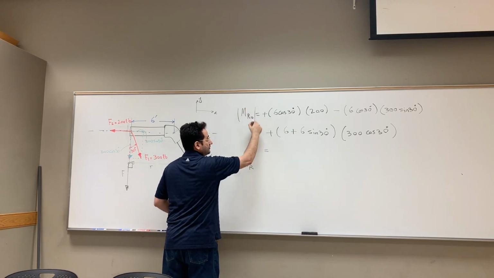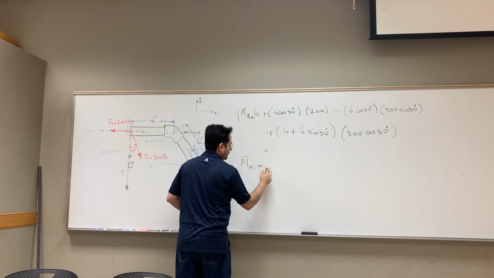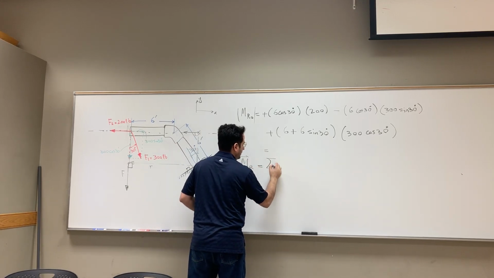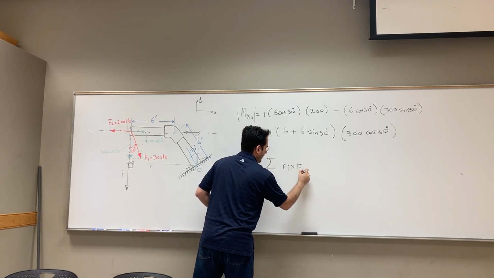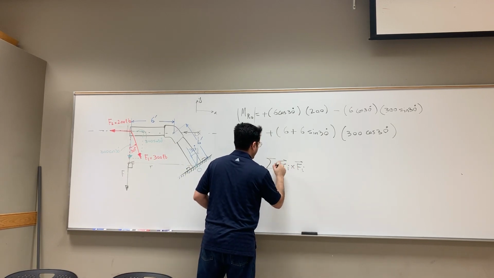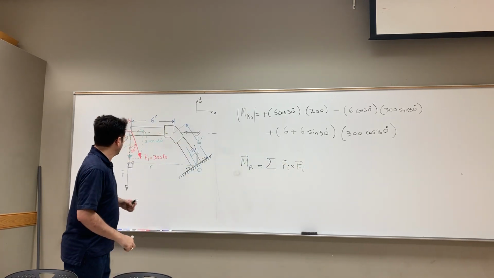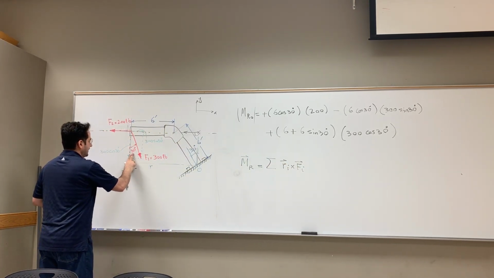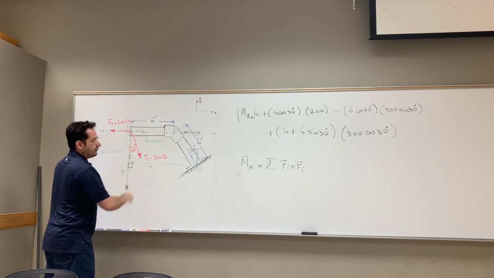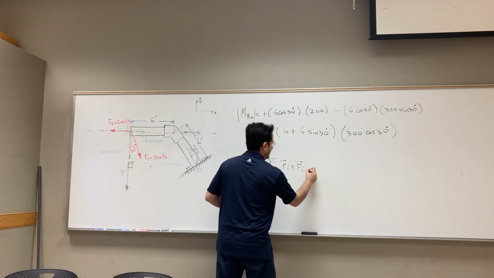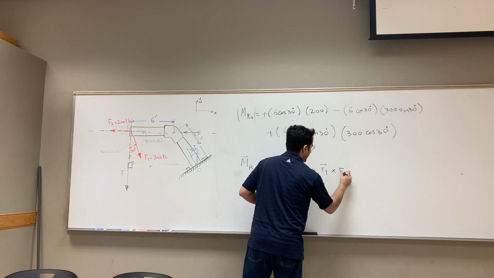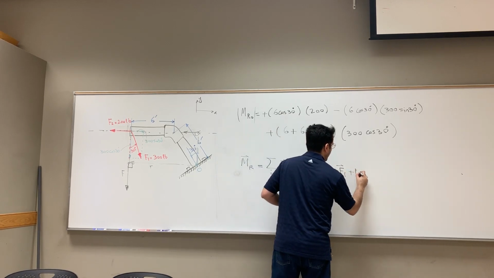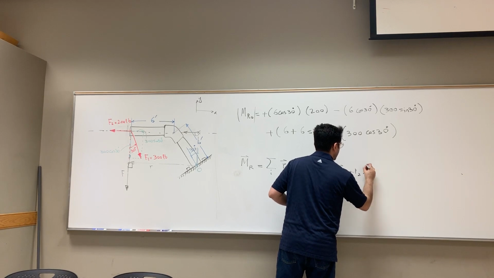Here we talk about magnitude, right? The resultant moment vector is equal to the sum of Ri cross Fi for each force. Right now, we have 2 forces, right? So that's going to be R1 cross F1 plus R2 cross F2.